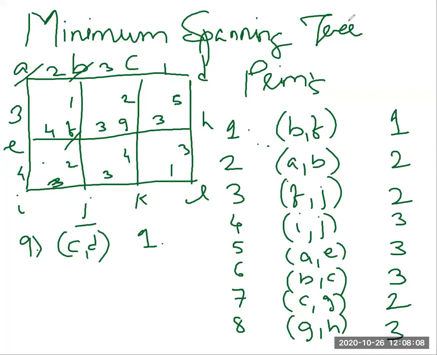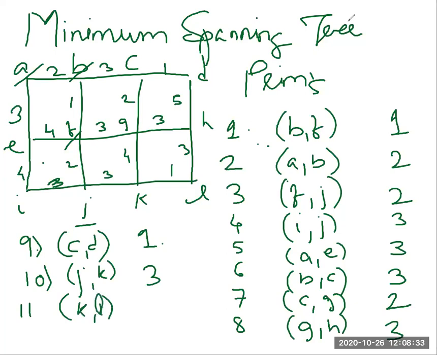E to F is weight 4, so discard it. G to K is weight 4, so discard it. So we can have either J to K or H to L. Let us consider the edge J to K so that it doesn't form a circuit. And then the last edge will be K to L with weight 1.